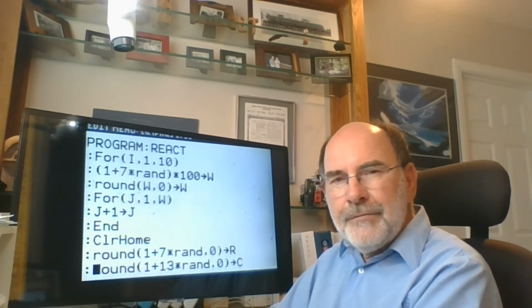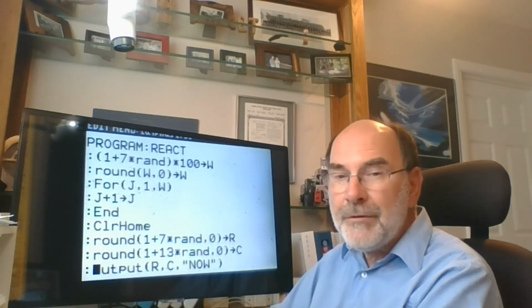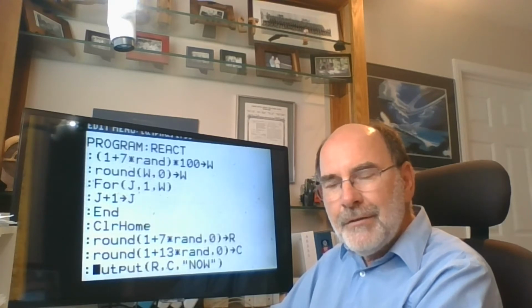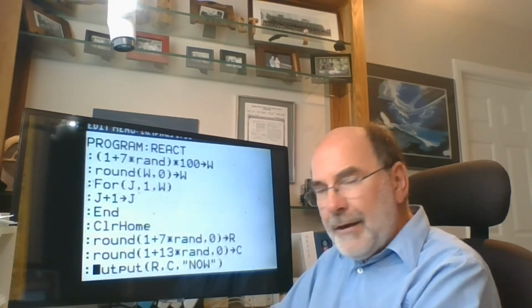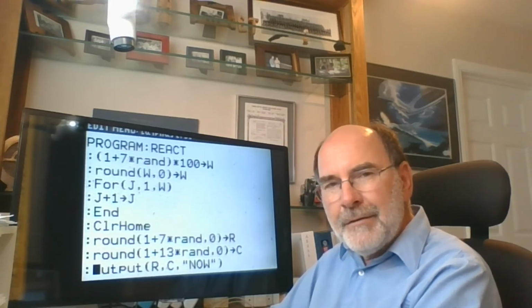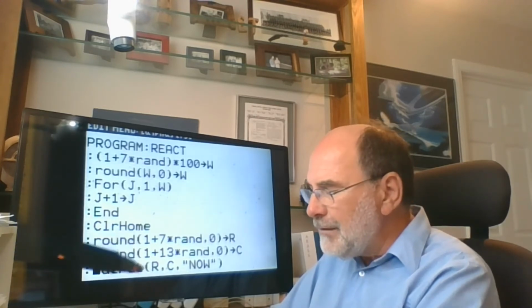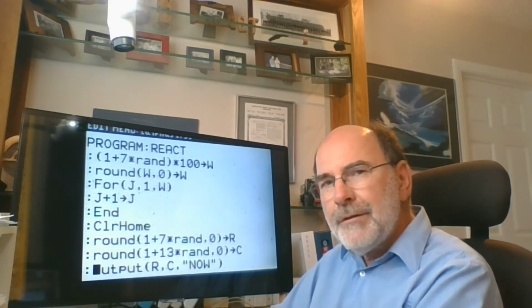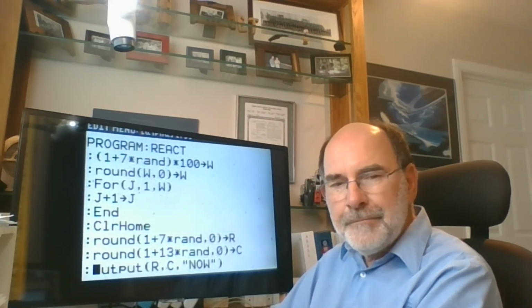Again, rounded those off to the nearest whole number. And by the way, on the TI-84 Plus, you actually have more than just these values. But I put these values in for those of you who are using a TI-82 or 83, so that you could just copy this code directly and get it to work. If you have a TI-84 Plus Color Edition, you have more than just this number of columns, more than just this number of rows, and you would just change the upper limits here.